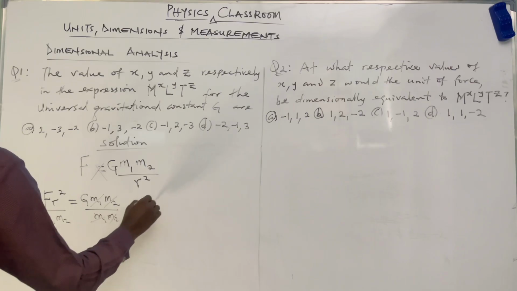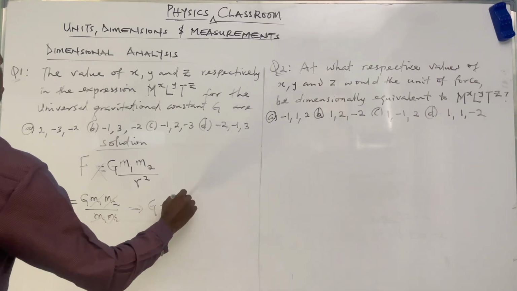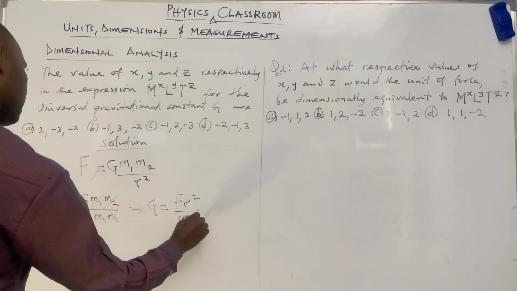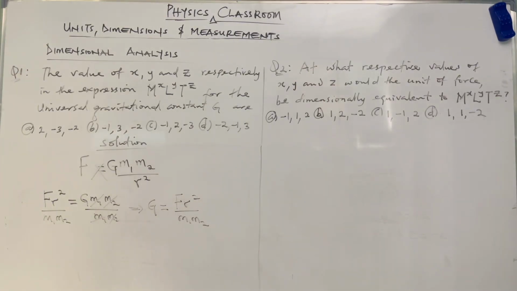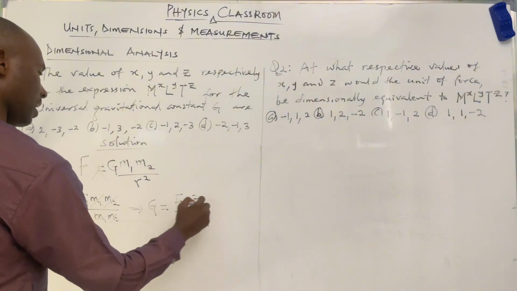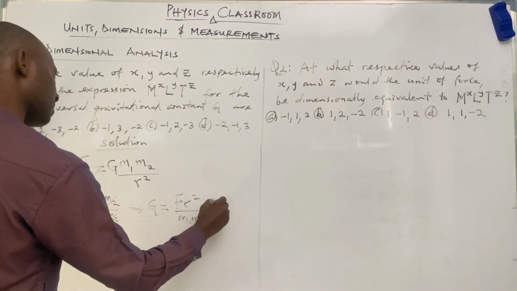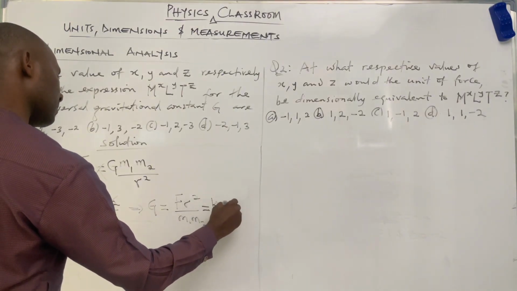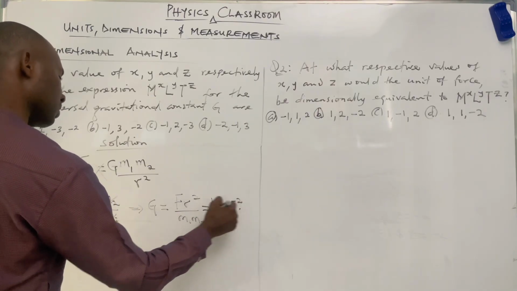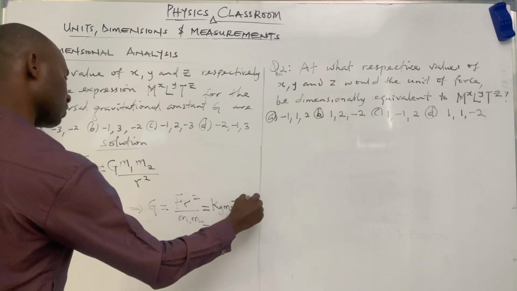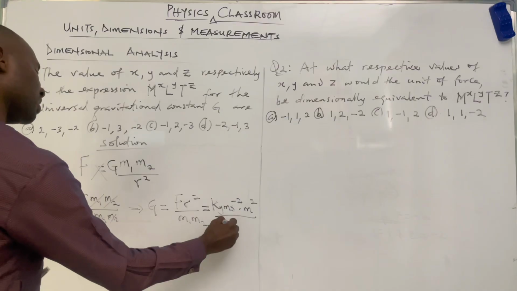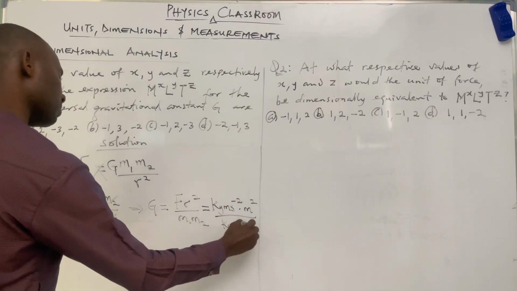Therefore, G = F r^2 / (m1 m2). F is measured in kilogram meter per second squared, the r is measured in meter, don't put square as shown here, over m1 is measured in kg. Likewise, m2 is also measured in kg.